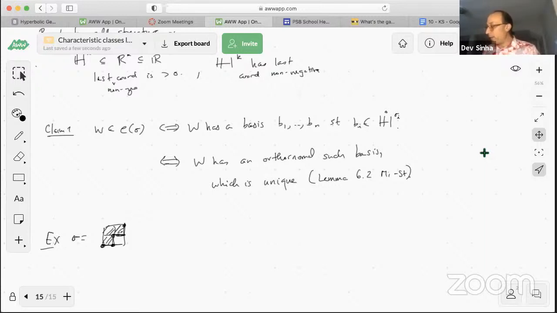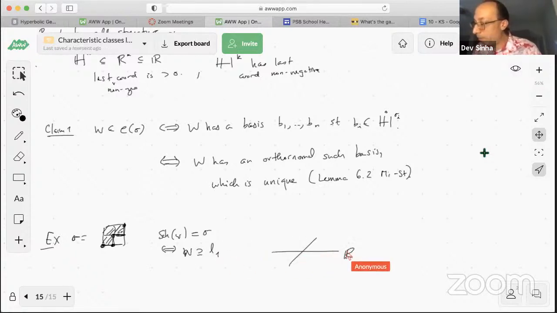So that means that I contain some line. So we can say that the Schubert symbol of W equals sigma means that W contains some L1, and now I'm in the interior of the cell. So the way I want to draw this, I've got my standard flag, which is my R2. Then the half space is over here where the Y coordinate is positive.